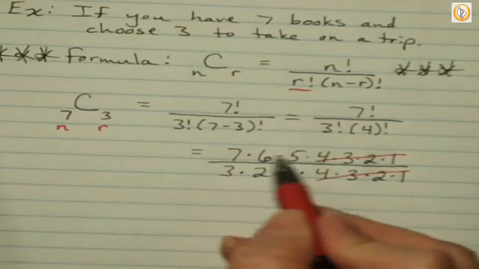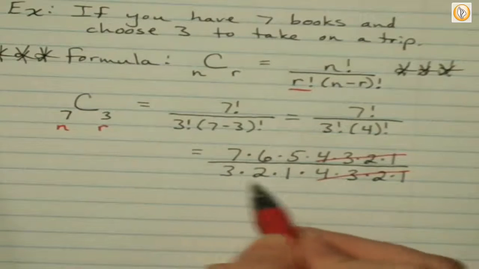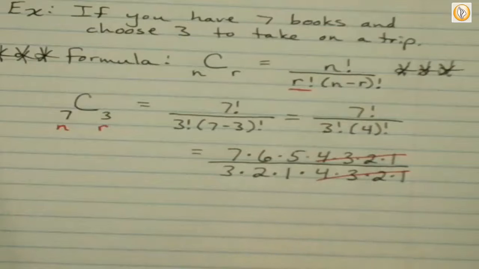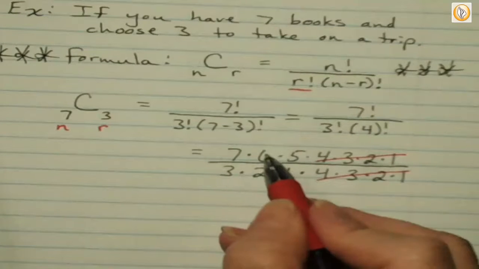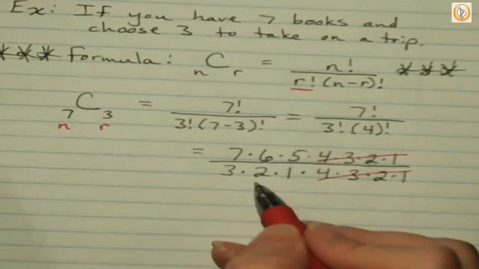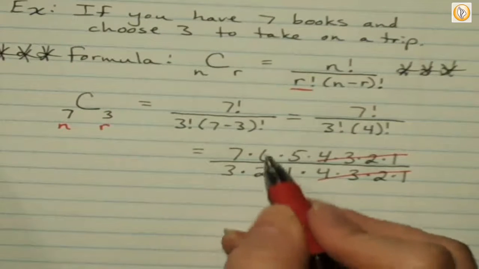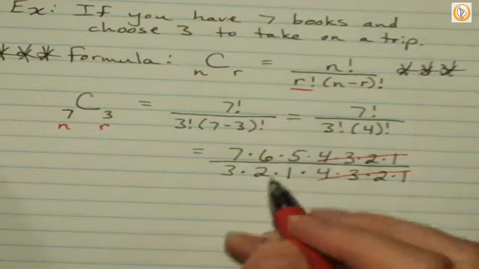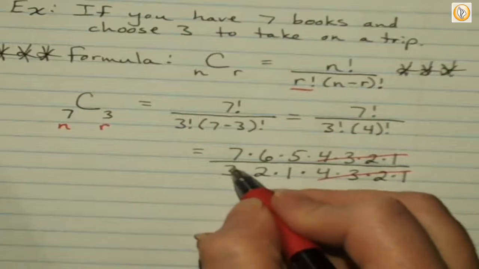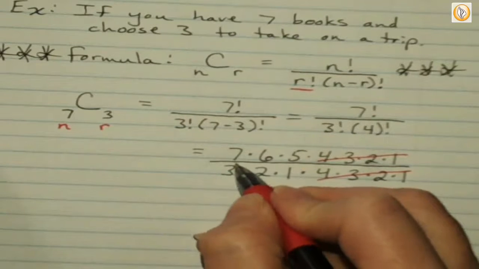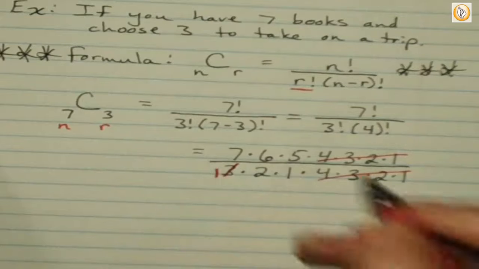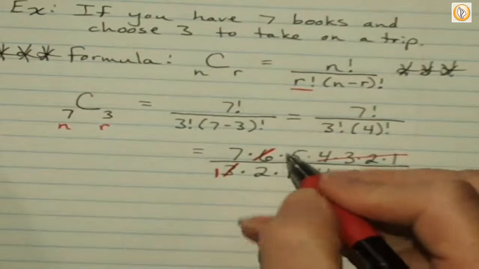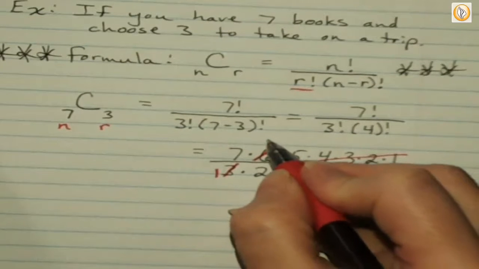Can any of these numbers be divided by any of these numbers, Joseph? Yes. What? 3 and 6. Very good. We could do 3 and 6, or we could even do 6 and 2, right? Okay, so let's do 3 and 6. 3 goes into 3 how many times? Joseph? 1. So I have 1 left over. 6 divided by 3 is? 2.